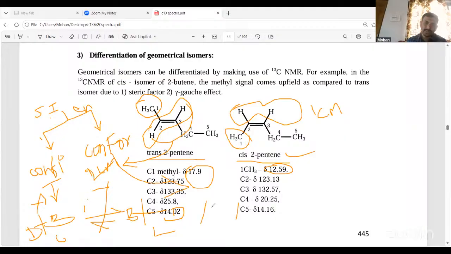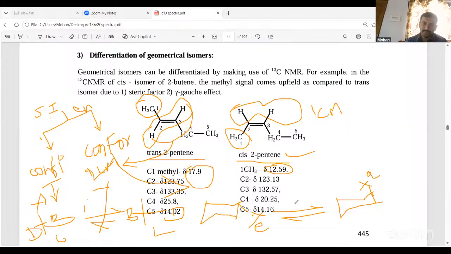Like you take cyclohexane here, or other alkanes. Here is some group X. They will easily interconvert from one conformer to another conformer at room temperature. Here the X is in the equatorial orientation, here the X is in the axial orientation.